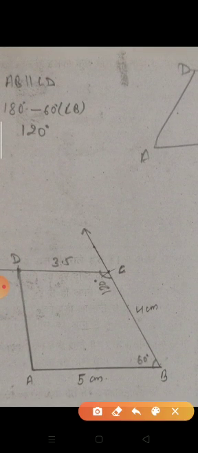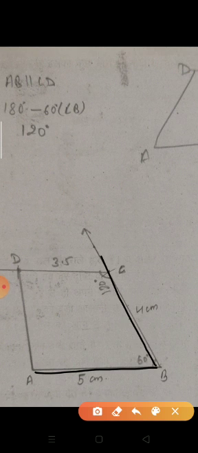So first we draw the line AB with a 5 centimeter measurement. From B we draw a 60 degree angle, and we take a 4 centimeter measurement in the compass with the help of the scale. Now from B we draw an arc on the 60 degree line, mark C, and join C to B. Now we take BC as the base, and from C we construct a 120 degree angle.